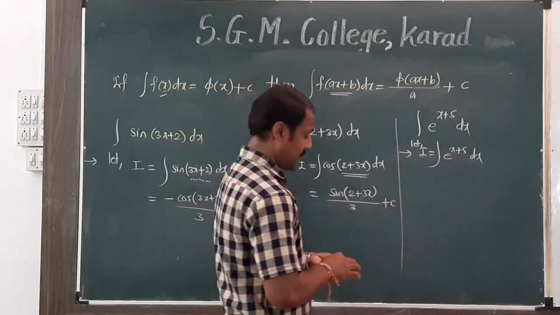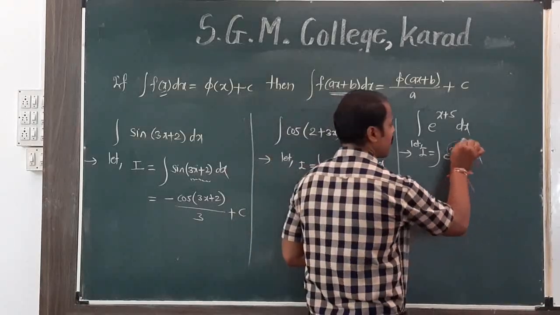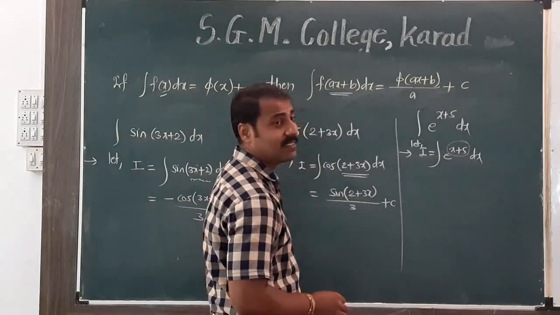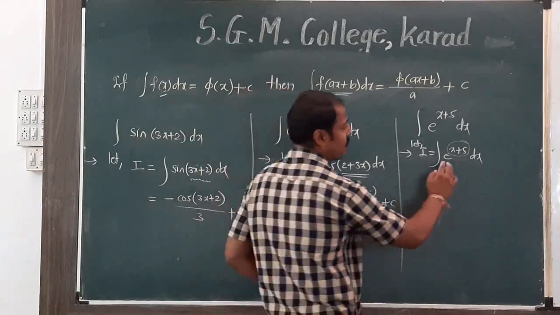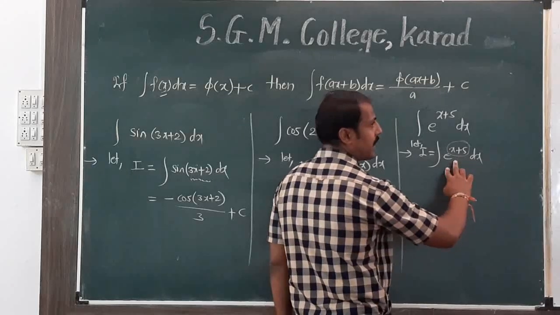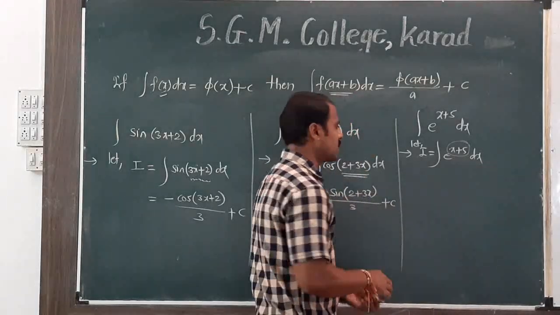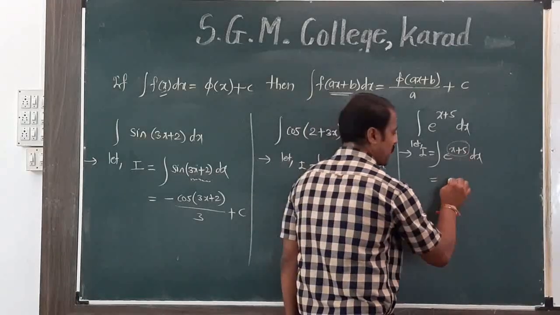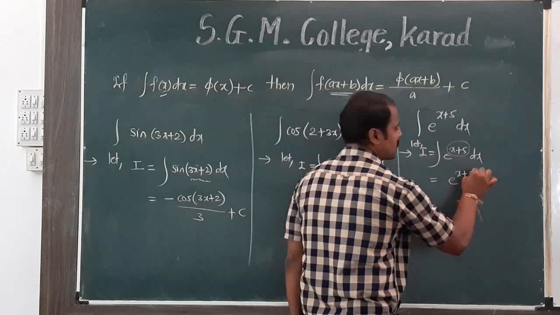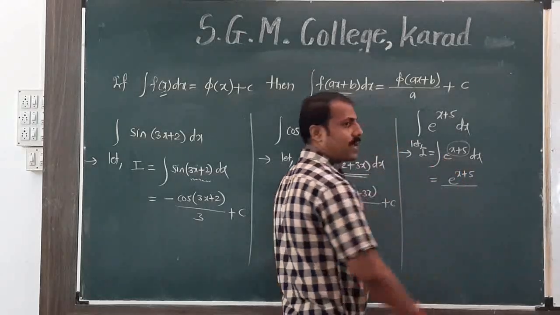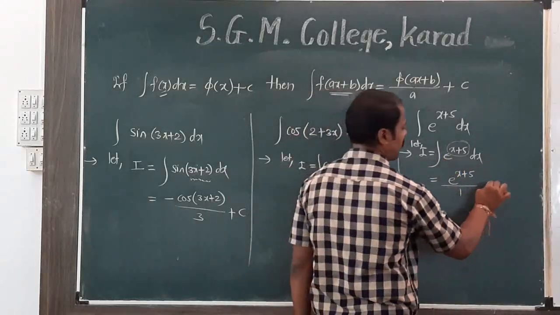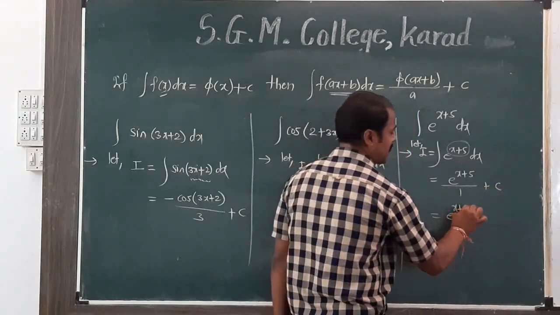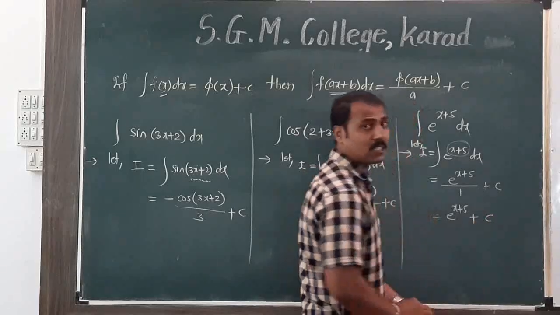Here x plus 5 is a linear equation. Consider that linear equation as x. We get the formula for e raised to x, and integration of e raised to x is e raised to x. So here integration of e raised to x plus 5 is e raised to x plus 5 divided by the coefficient of x, that is 1, plus constant of integration c. On simplifying, it becomes e raised to x plus 5 plus constant of integration c.